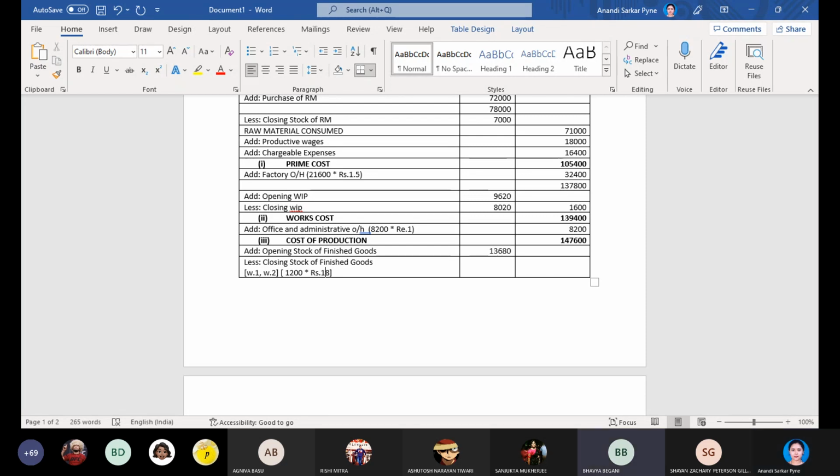What is the amount of t-shirts left with you? 50 units. So these 50 units you carry forward to the next financial year. This is your closing stock of finished goods. Next year it becomes the opening stock of finished goods, 50 units. Okay, ma'am. Got it.